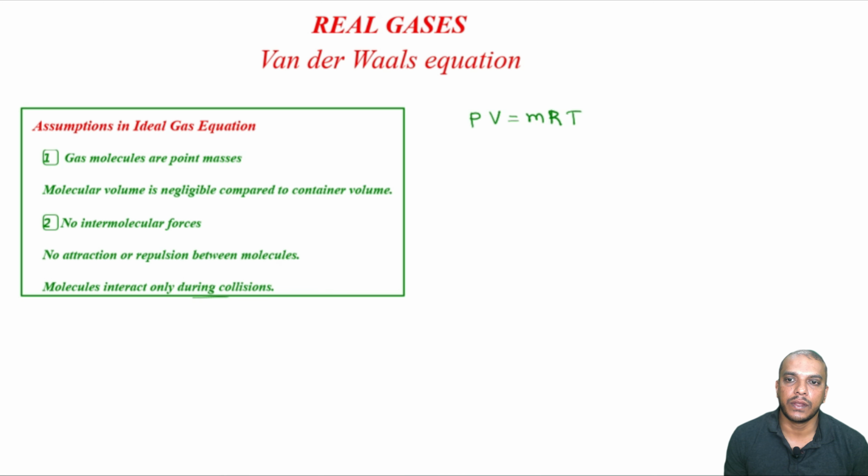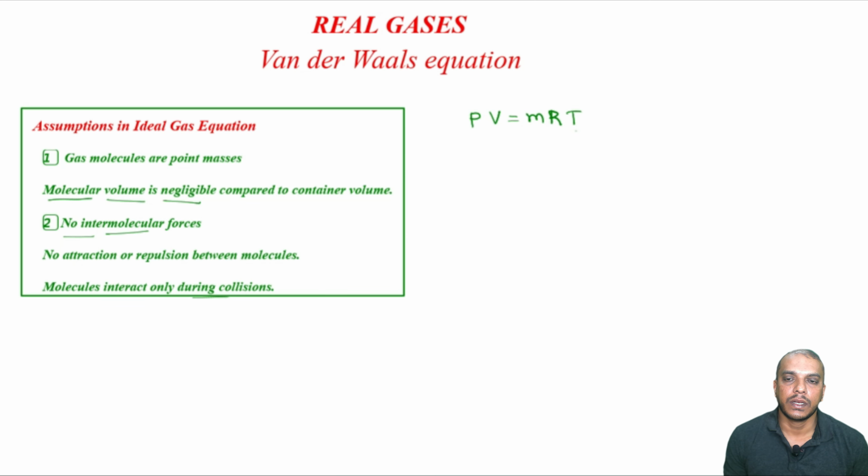The volume of each molecule we have neglected, so that makes the relationship between pressure, volume and temperature easier. And we also assume that there is no intermolecular force between the molecules.